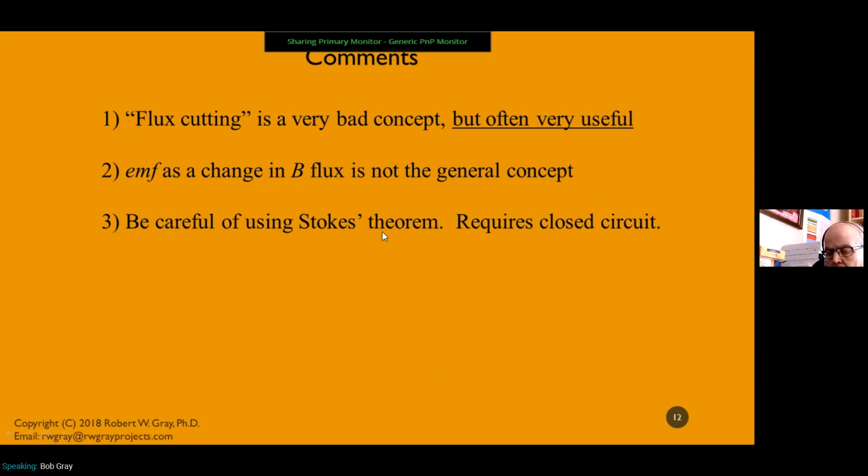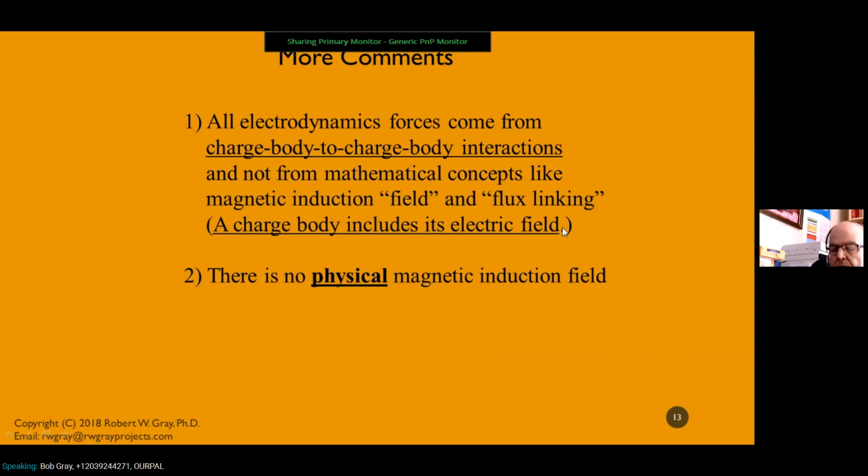So be careful using Stokes' theorem. It requires closed circuits. All electrodynamic forces come from charge body to charge body interactions and not from mathematical concepts like magnetic induction fields or flux linking. And when I say charge body, yes, I do include its electric field.